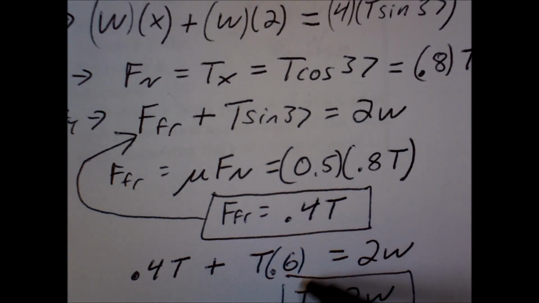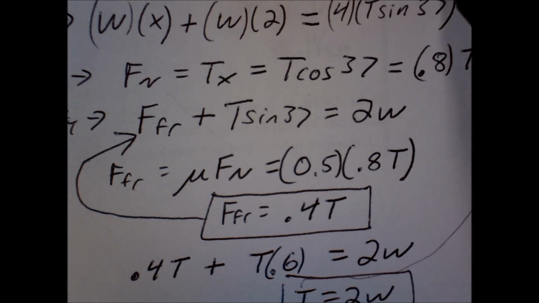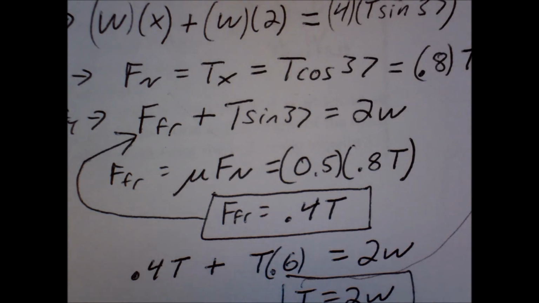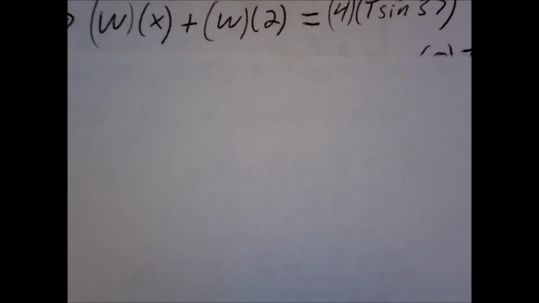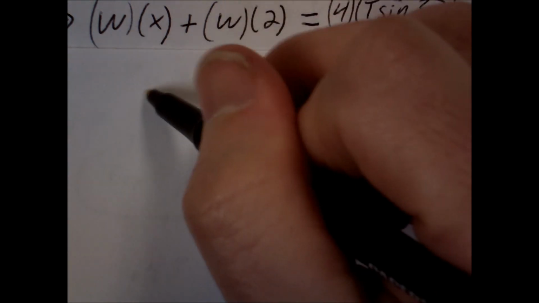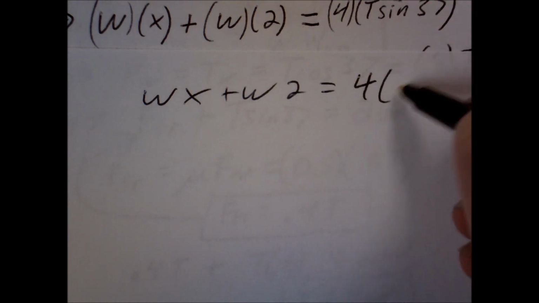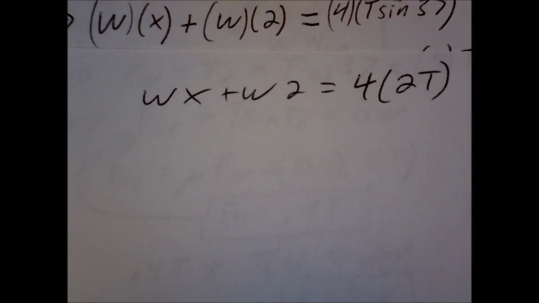So this is going to be W X plus W times 2 equals 4, and then that was 2T, right? No, 2W.